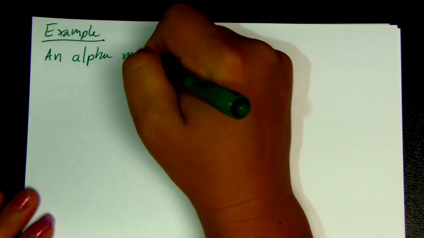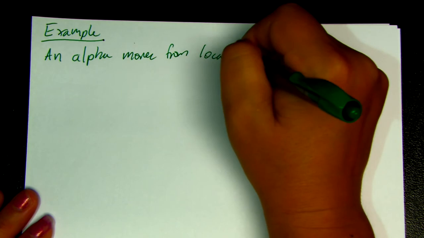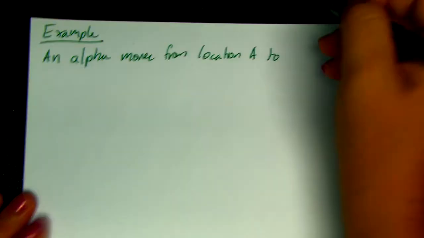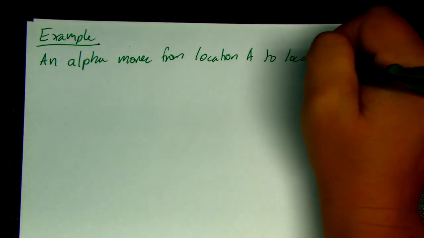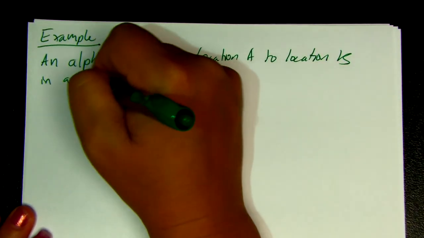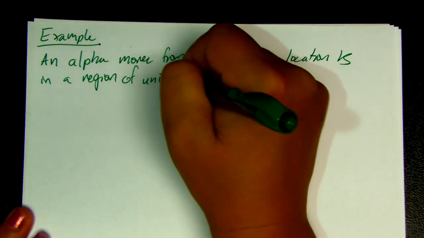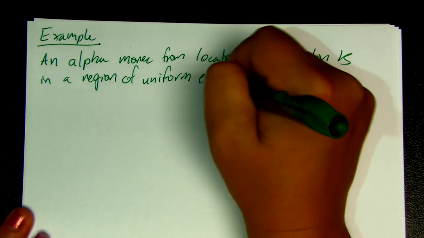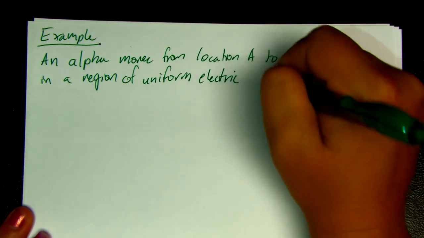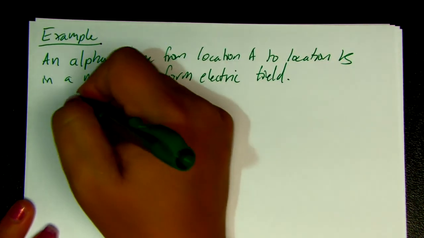All right, so an alpha moves from location A to location B in a region of uniform electric field. And remember, alphas are a particle. I do expect you to be able to get to the mass and get to the charge.